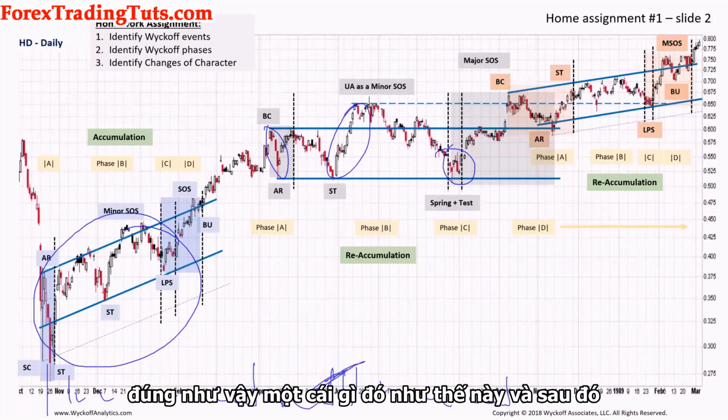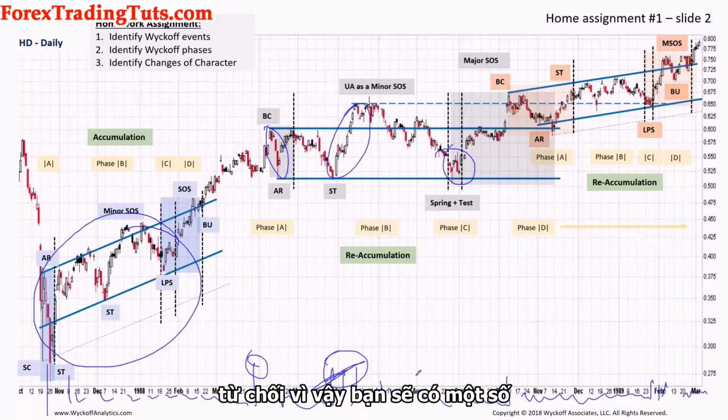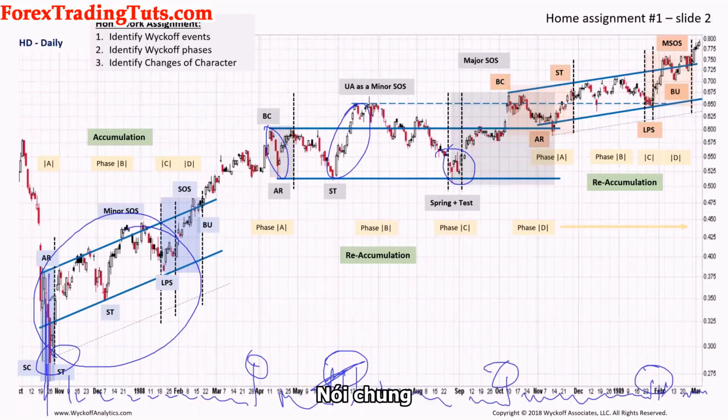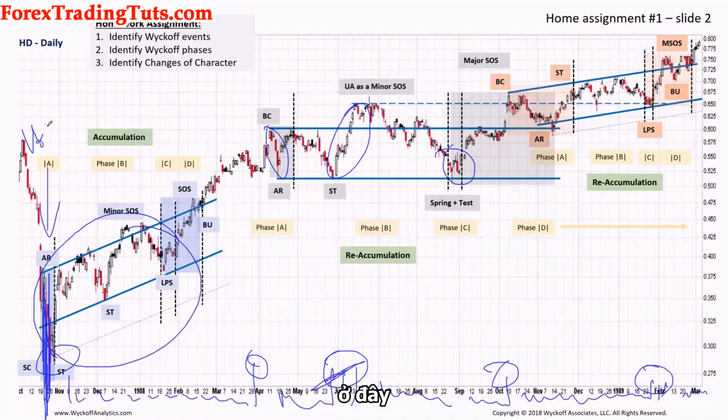So something like this, and then decline, decline, decline. So you're going to have some pockets of volume increase throughout this whole slide here, but generally your highest volume signature is going to be here.